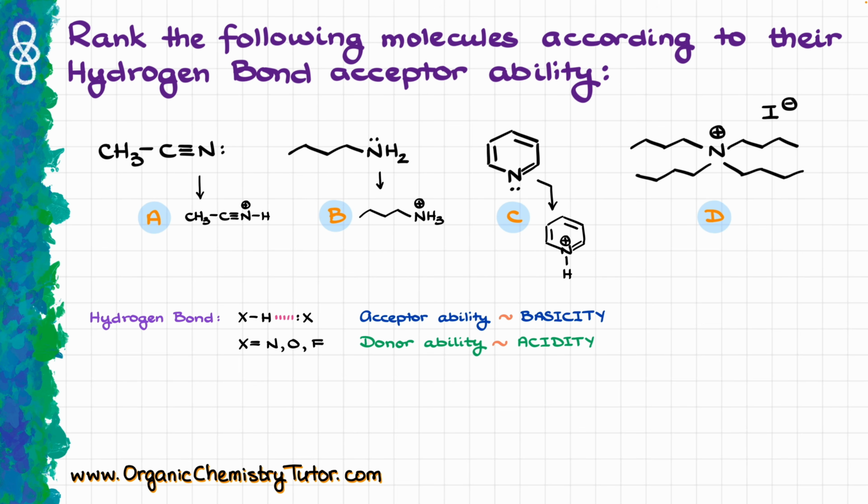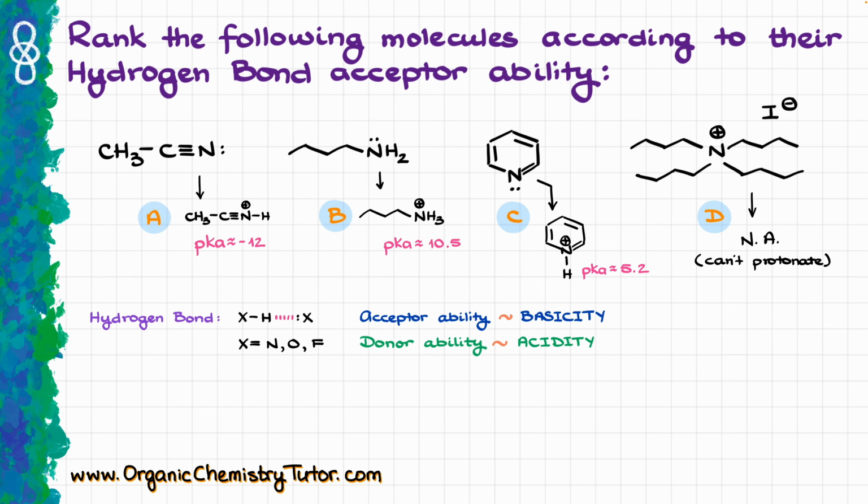And finally, for my last compound, that one will have a bit of a problem because it does not have any electron pairs on the nitrogen, and iodine doesn't really do anything for our purposes, so it cannot be protonated.